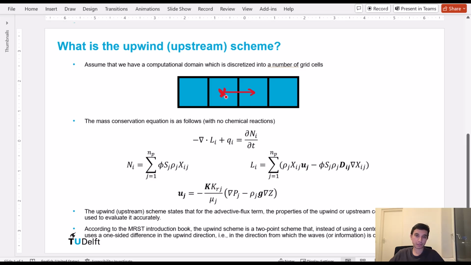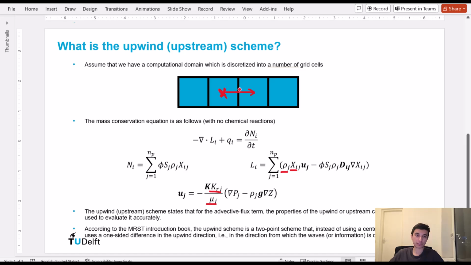Even phase relative permeability should be evaluated and should be used from this cell, and also phase viscosity. All right, these parameters should be from this cell.